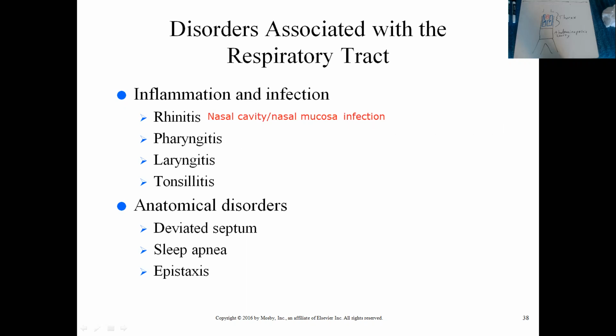Pharyngitis, infection of the pharynx. Laryngitis, infection of larynx. Tonsillitis, talked about that in last unit, infection of tonsils. So names tell you about those.